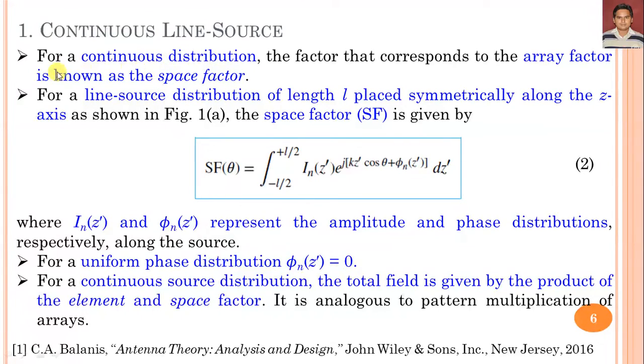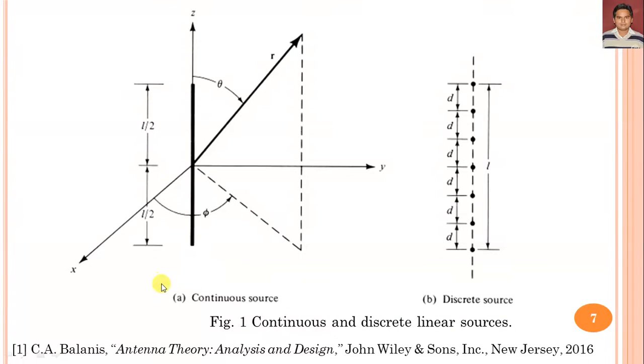And for a line source distribution of length L placed symmetrically along the Z axis, as you can see, this is the figure of the continuous sources, and this figure is of discrete sources.